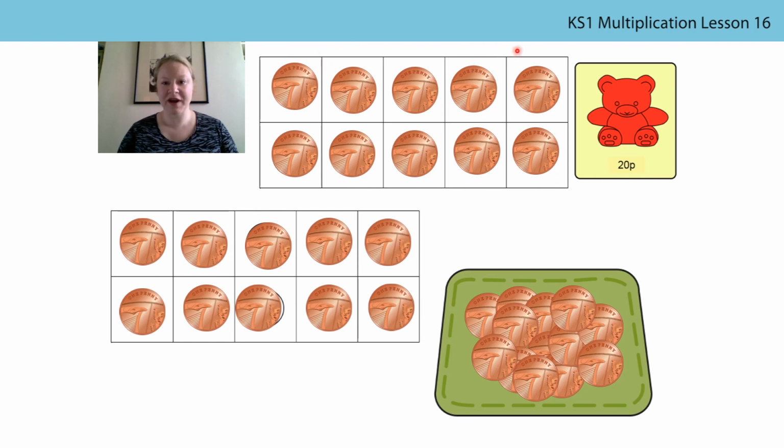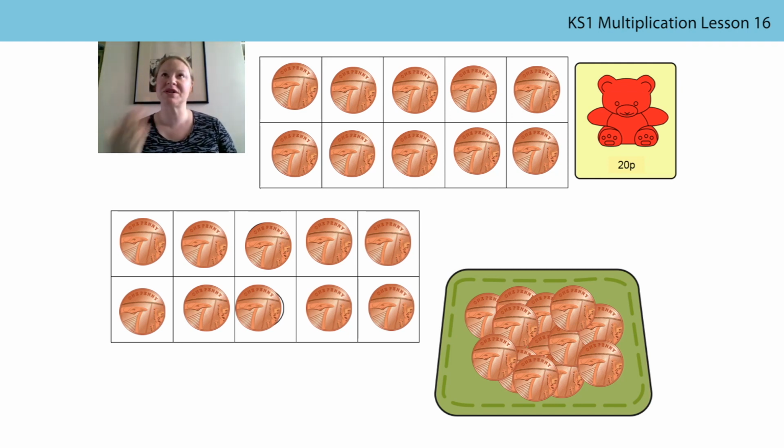Here's 1 tens frame. Okay, and here is our other tens frame, all filled with our pennies. So the top tens frame is worth 10 pence and the bottom tens frame is worth 10 pence.